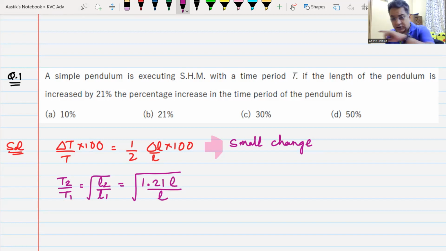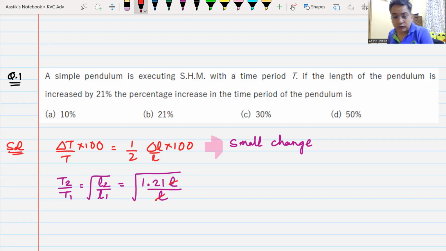Remember, whenever we have these formulas, whether we made it for variation of g with height, the original formula was something, and then for small height, we had a shortcut formula. We remember this? Only valid for small. For the original one, we have to do this.